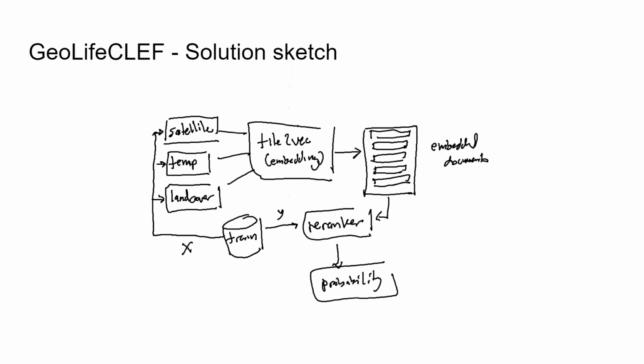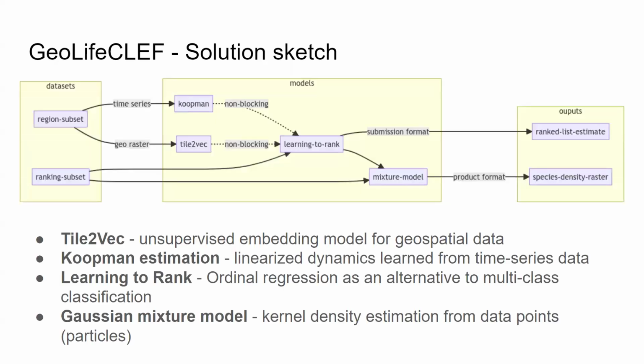So a solution to a problem can actually look very graphical. And I actually wrote this out in a more concrete way. Here I got fancy, and there were a bunch of topics that I was really interested in. We have the unsupervised representation learning, Tile2Vec. There's this thing called Koopman analysis, which is taking the linearized dynamics of a system.